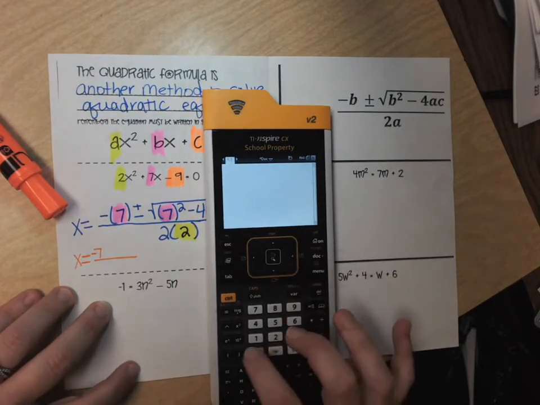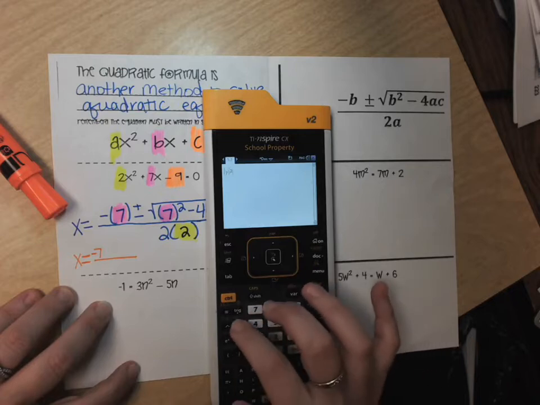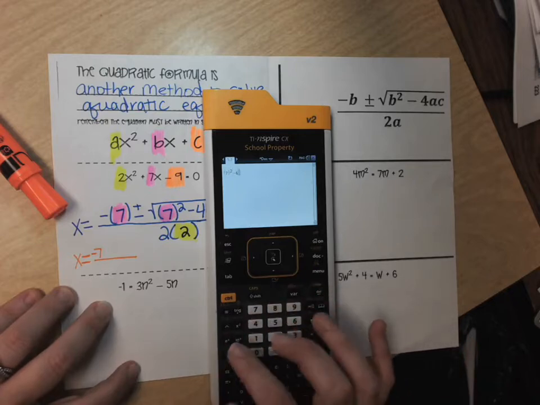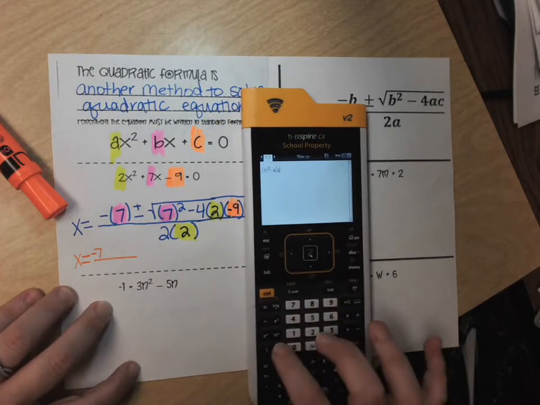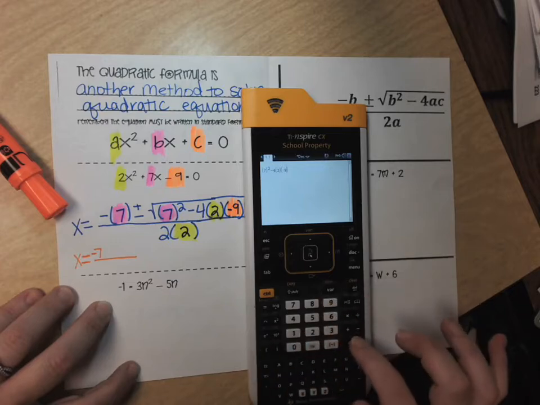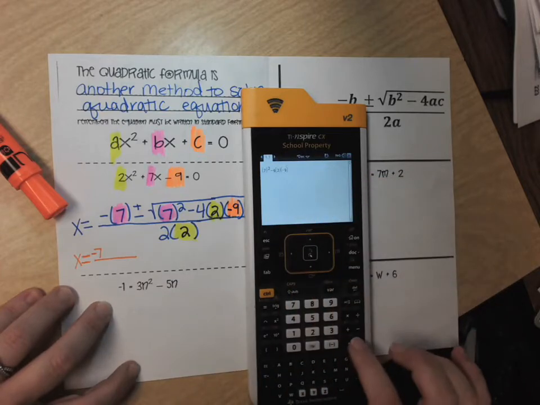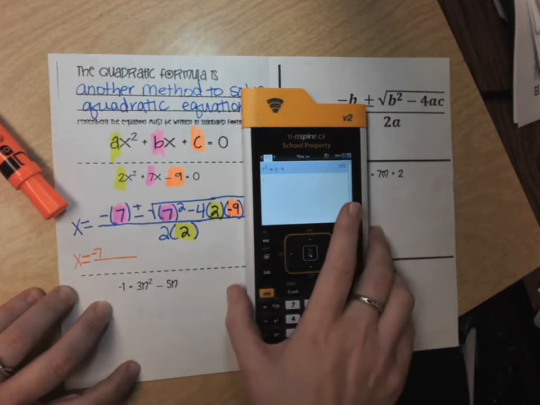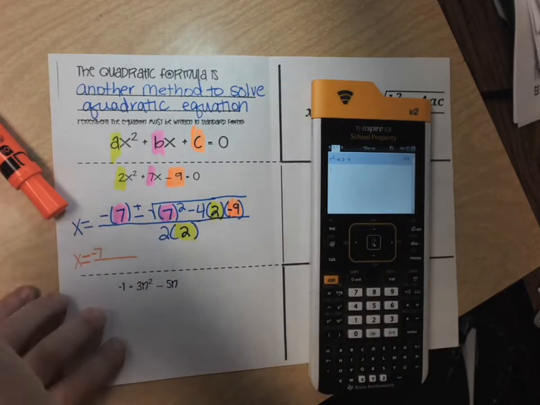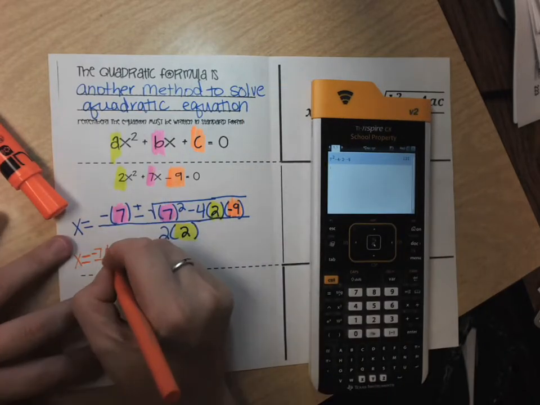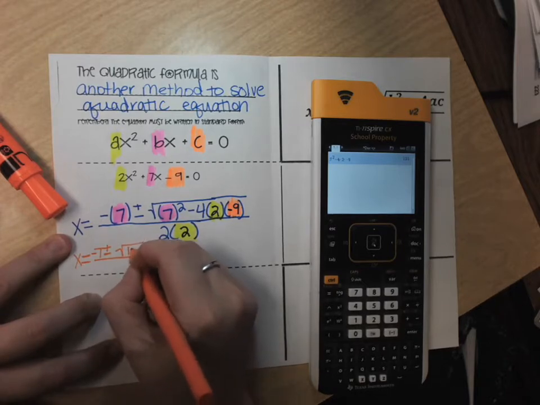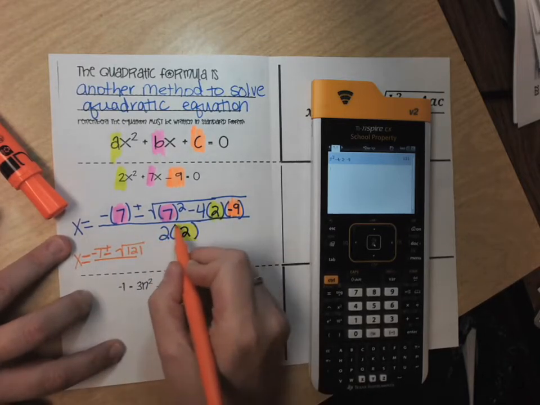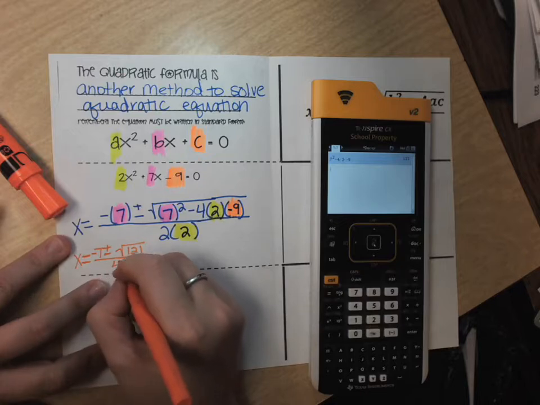So we're going to put parenthesis 7 squared minus 4 parenthesis 2 parenthesis minus 9, because it's going to simplify under the square root, and that's going to give me 121. So I'm going to have a plus or minus the square root of 121. On the bottom, I have 2 times 2, which is 4.